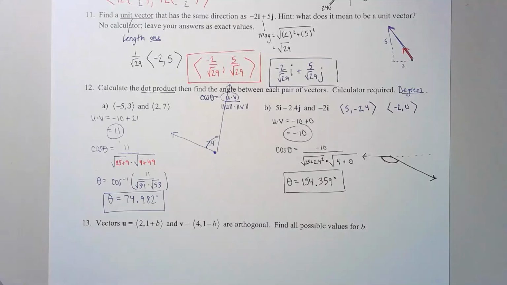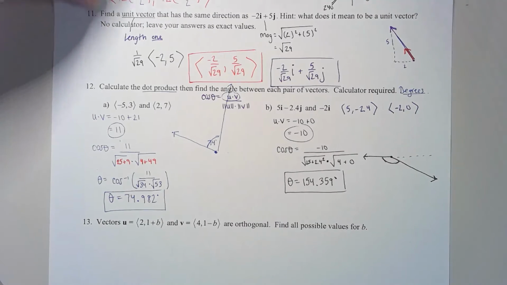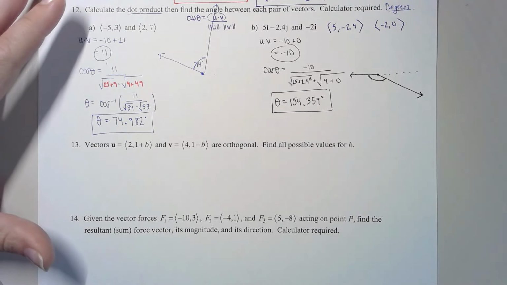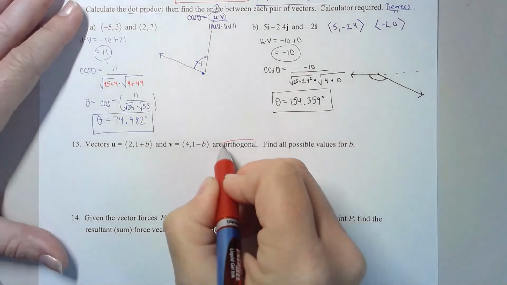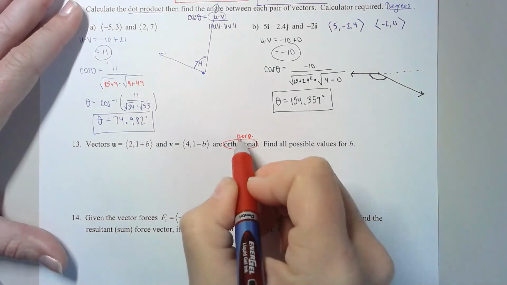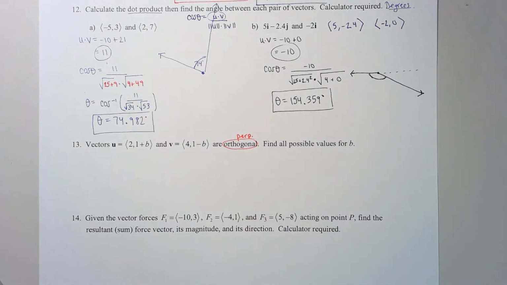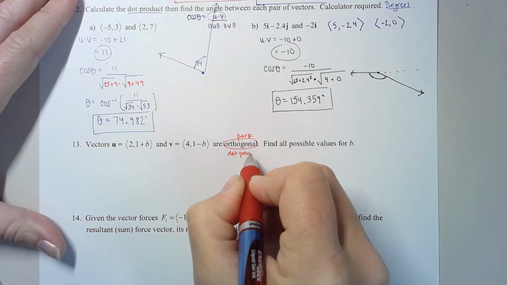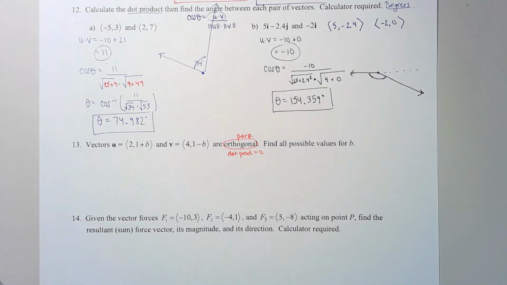All right, let's take a look at number 13. It says vectors u and v are orthogonal. Remember, orthogonal means perpendicular, and we've now also said that means their dot product is equal to 0.